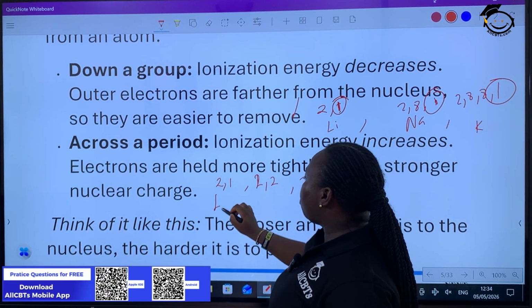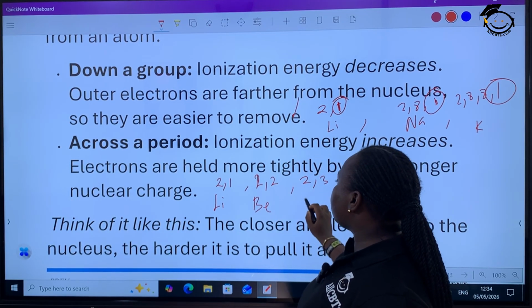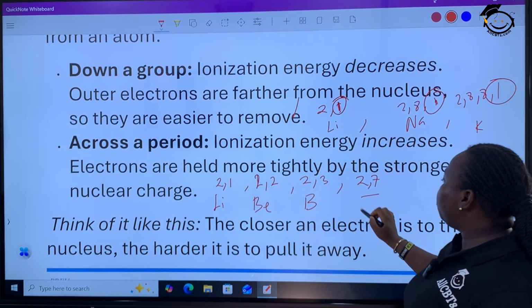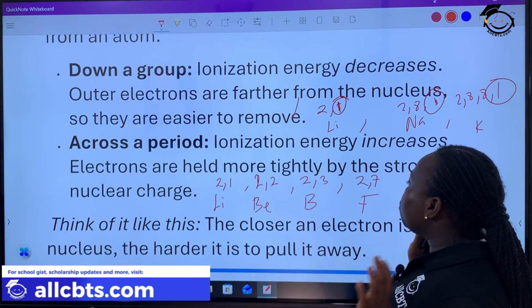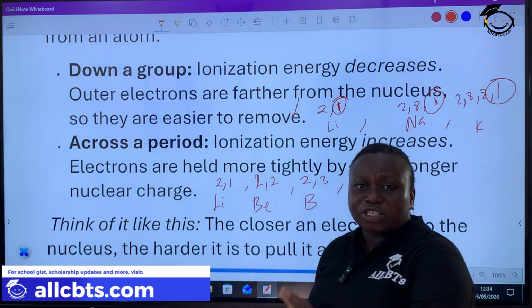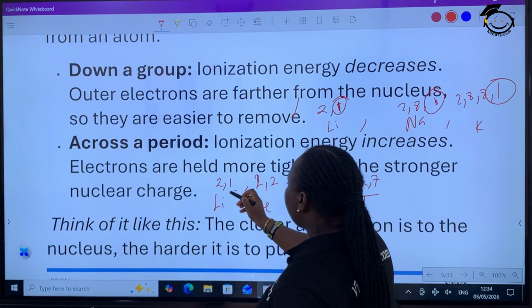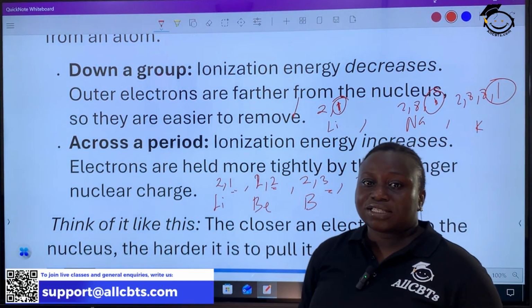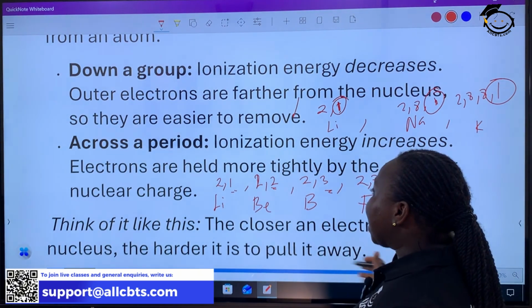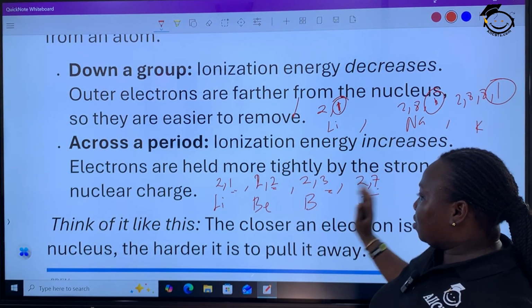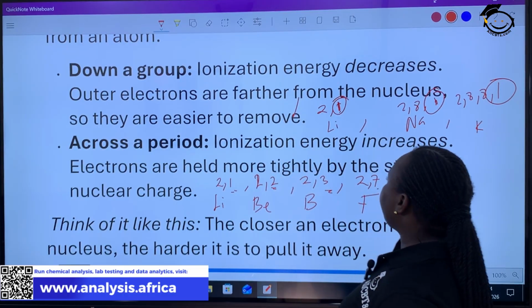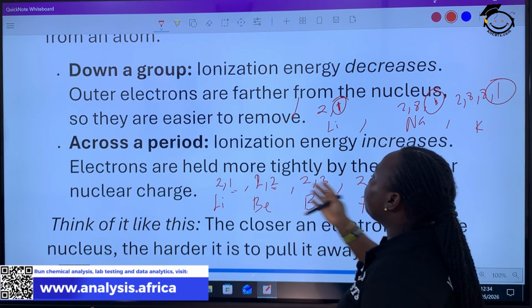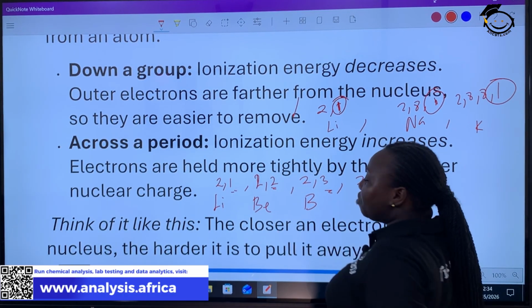Now this is lithium, this is beryllium, this is boron, and this is fluorine. If you notice, going across the period, this outermost number is increasing. I want to explain why they are saying that this energy increases across the period.